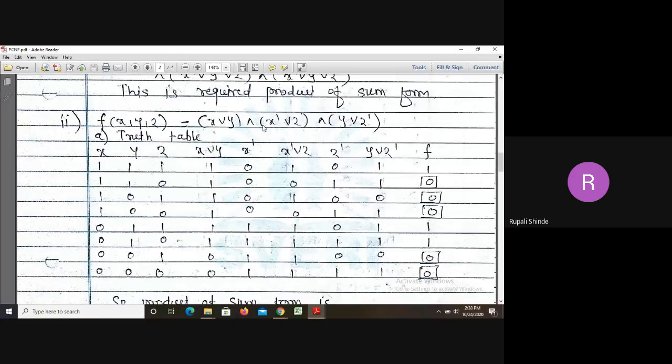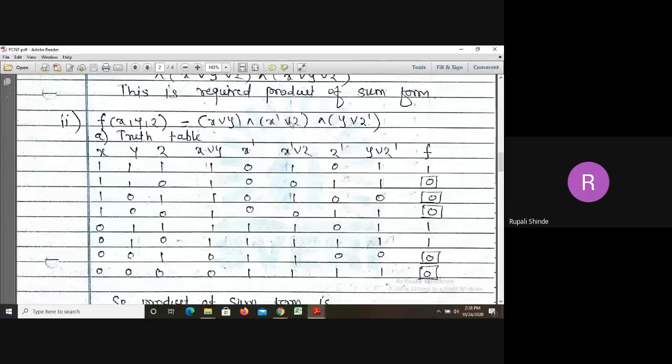So take this one as homework. You have to find the value for this expression, that is product of sum form, but by using the algebraic method. Okay. So today we will stop here. Remaining examples we will see next lecture.